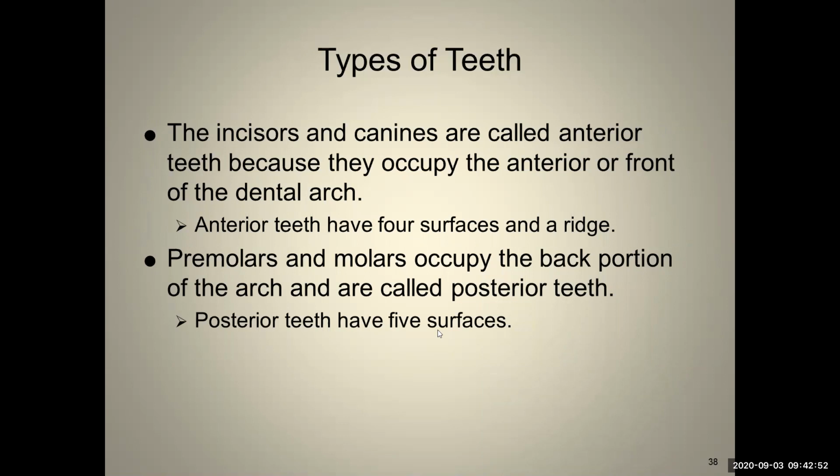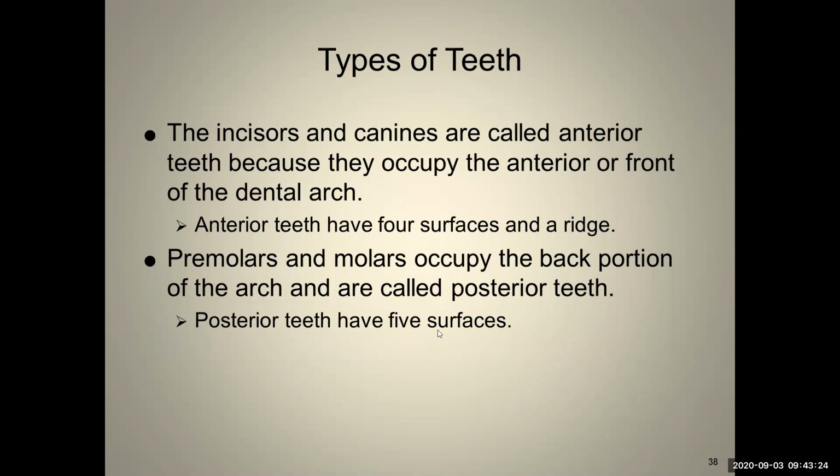So we looked at all the different tooth types. The incisors and the canines are called the anterior teeth because they occupy the anterior or front of the dental arch. The anterior teeth have 4 surfaces and a ridge. The anterior teeth are your 4 incisors, top and bottom, and your 2 canines.